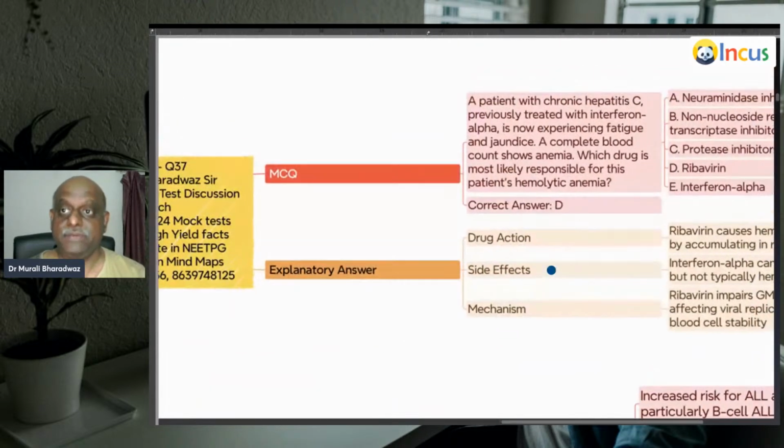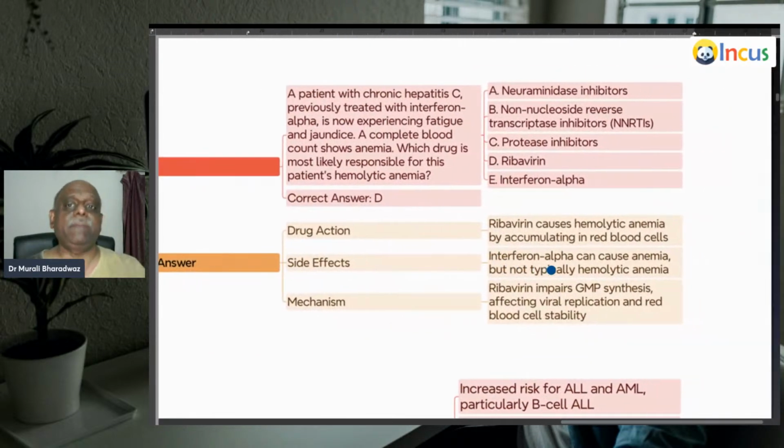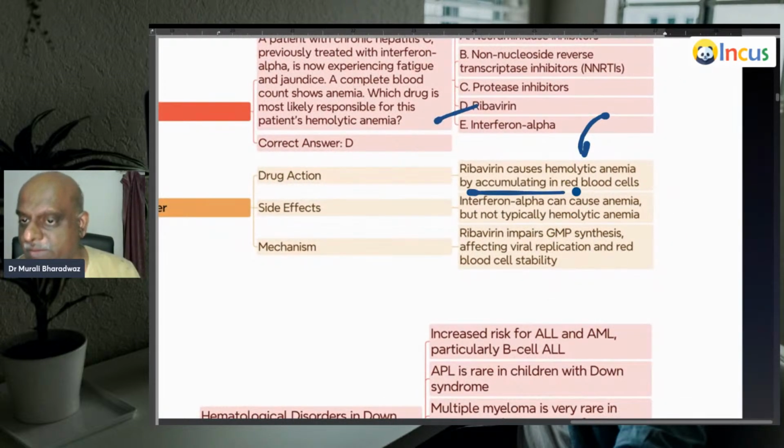Now, doctor, a patient with chronic hepatitis C previously treated with interferon alpha is now experiencing fatigue, jaundice. CBC shows anemia. Which drug leads to hemolytic anemia in a hepatitis C patient? Ribavirin causes hemolytic anemia because it accumulates in the RBCs.